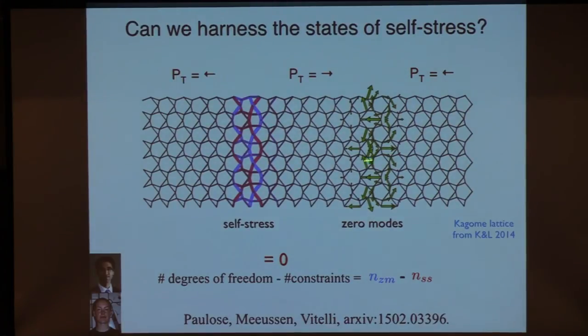What I'm going to show you here is another structure, which is a Kagome lattice of a peculiar type, which I think Charlie might have introduced in his colloquium a year ago. The only thing I want to mention is that in this structure, you can create at the same time a domain wall where the polarization is pointing inwards, where you localize the zero modes, and also a domain wall where the polarization points outwards, where you can localize this propensity to sustain tensions, which is the state of self-stress.